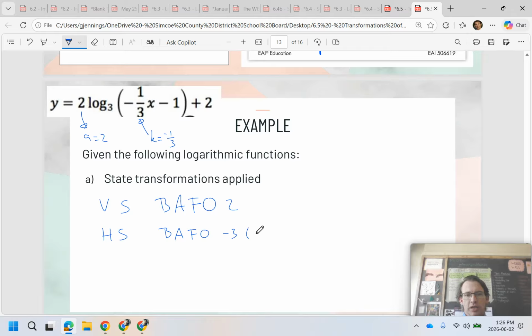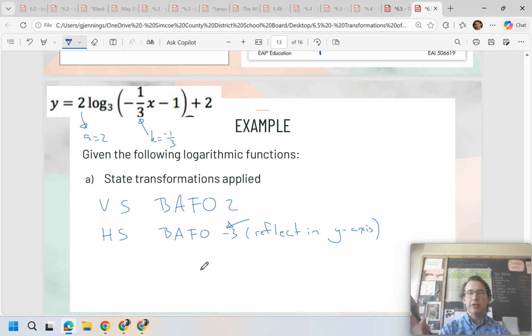So that includes the idea of a reflection. It's a stretch, yes, but because it's negative, it also involves a reflection. So it reflects on the y-axis. So we multiply all the x values by 3 when we have that -3 there. So the c value is 2. So that's a vertical translation by 2 units. And then how about the horizontal translation?